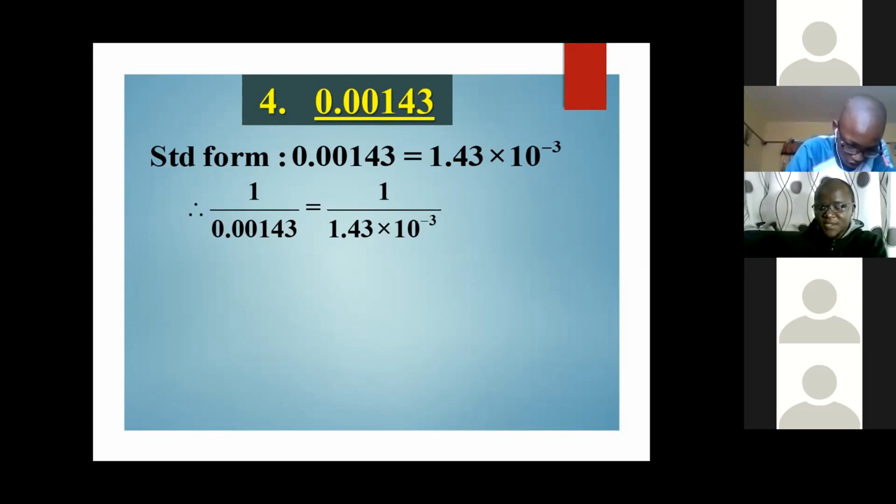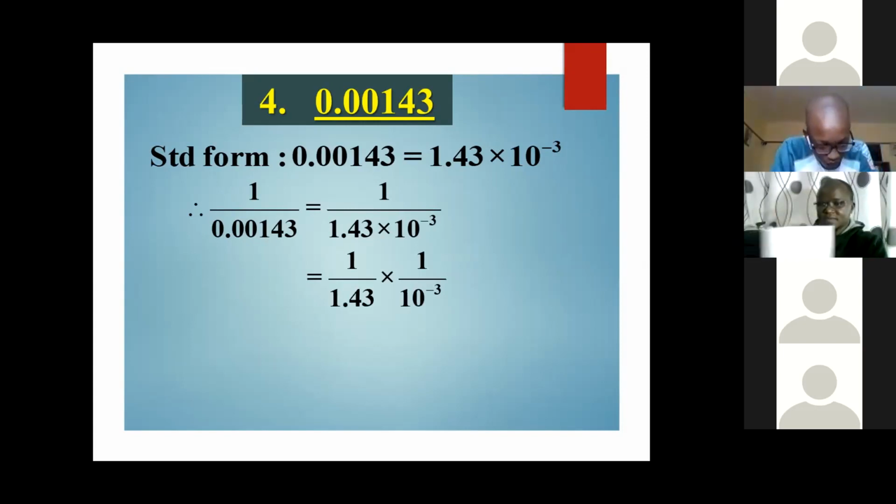Then we go ahead and split as 1 over 1.43 times 1 over 10 raised to power negative 3. Then the reciprocal is 0.6993.